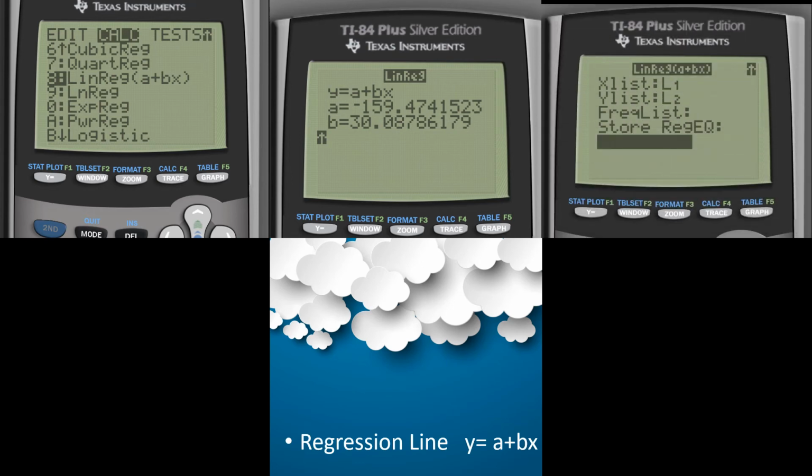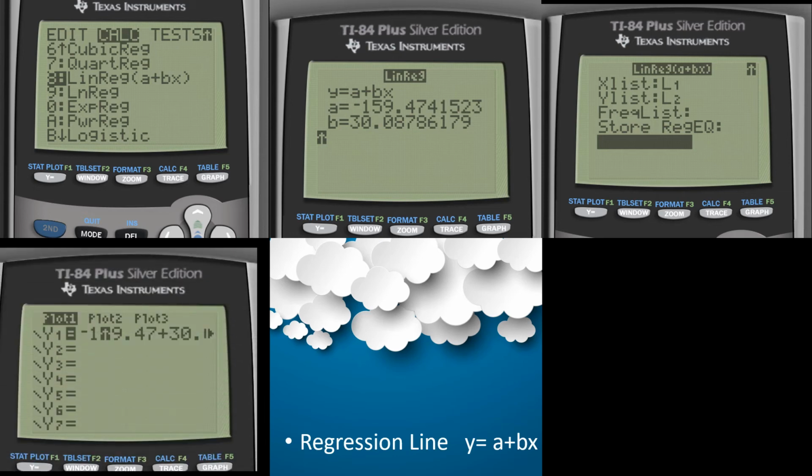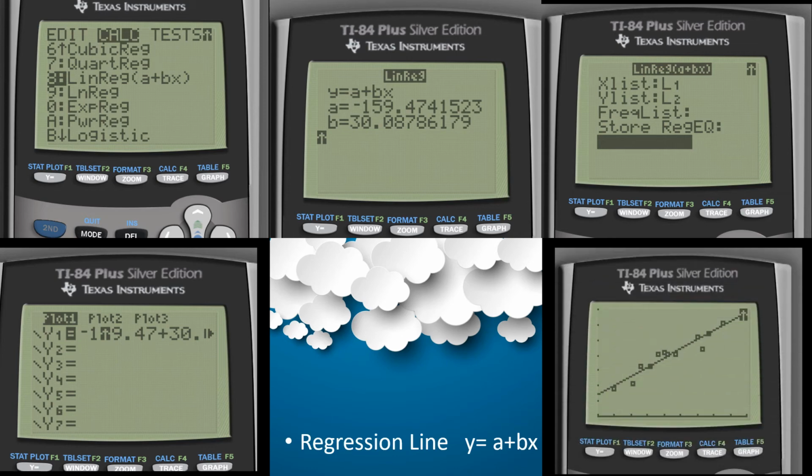And if we enter the equation under y1, which is the equation negative 159.47 plus 30.09 times x, and press graph, we will get the line along with the scatter plot. The scatter plot is already there in our calculator.